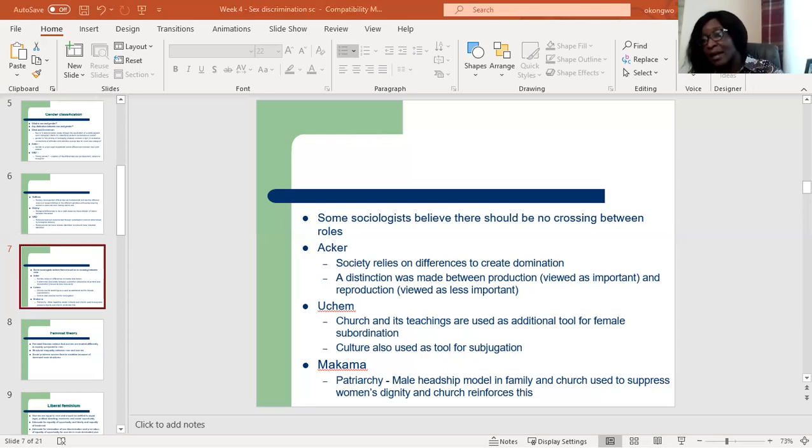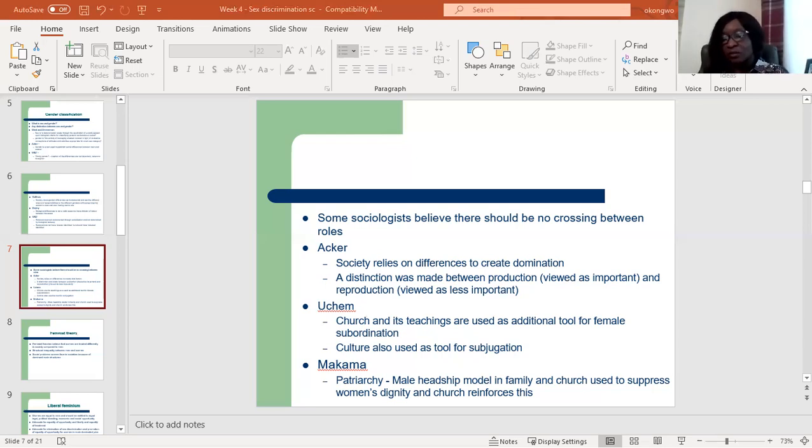Then we have Makama, who said that patriarchy is also used in African societies. Patriarchy is the male headship model that exists in families and church, with the man being the head of either the family or the church. With this, men are conditioned to expect women to serve them.